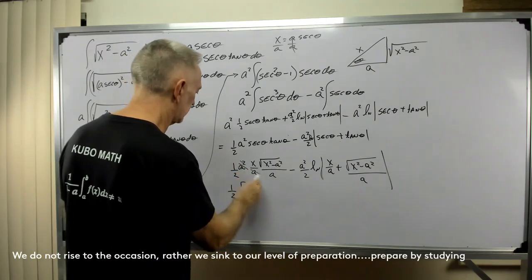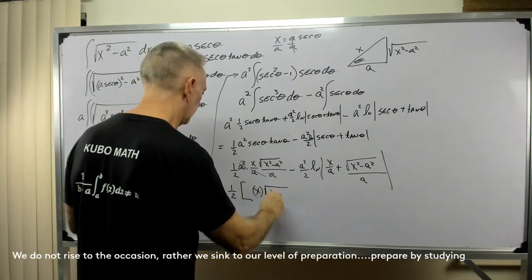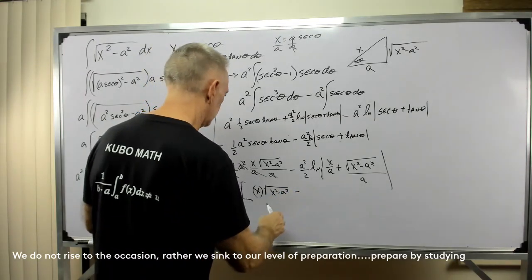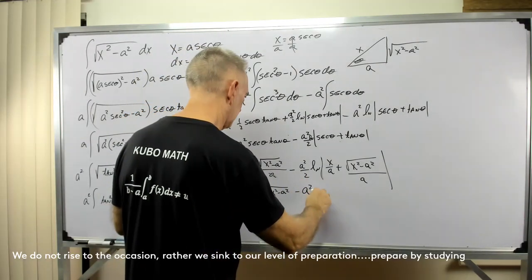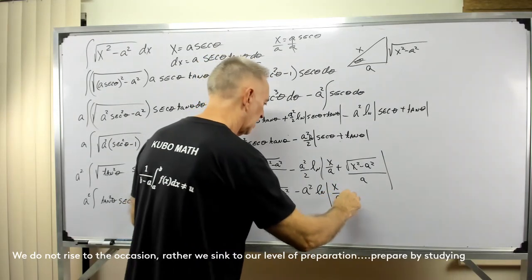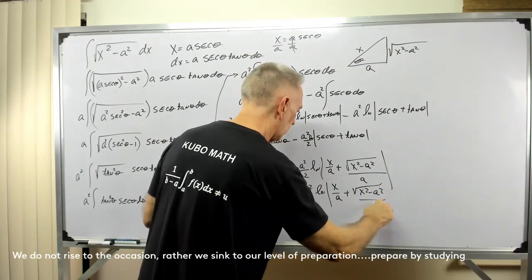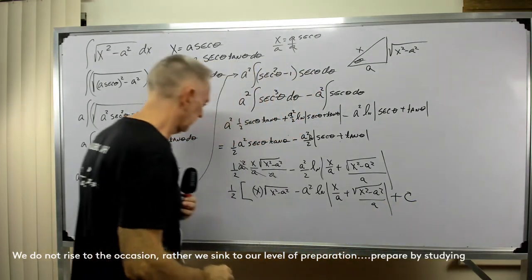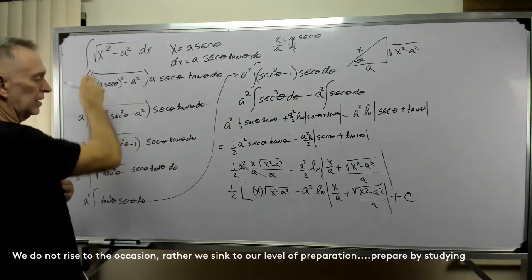So these cancel, and I end up with x times the square root of x squared minus a squared minus, and I pulled the 1/2 out, it's over here now, a squared times the natural log of the absolute value of x over a plus square root of x squared minus a squared over a, all of that plus c. And that, my friend, would be how we could integrate that formulation.